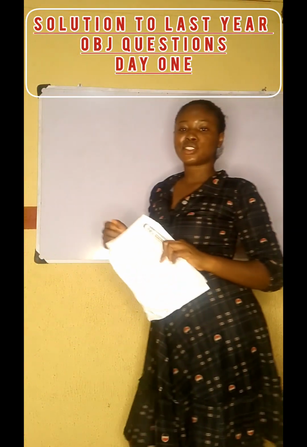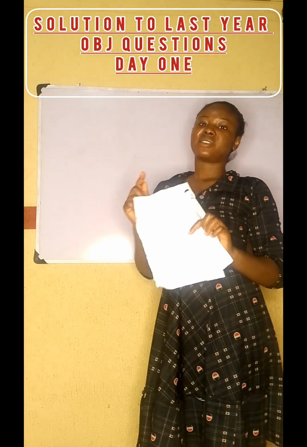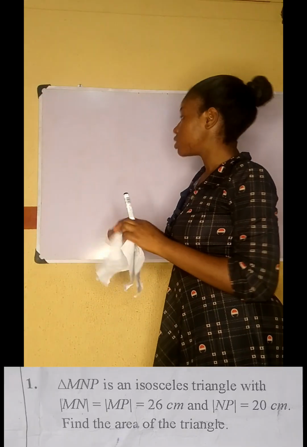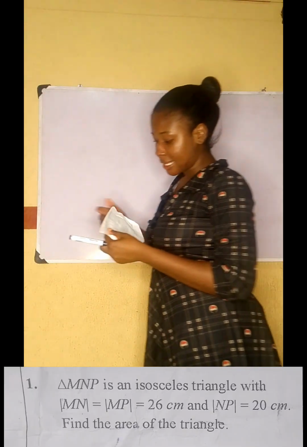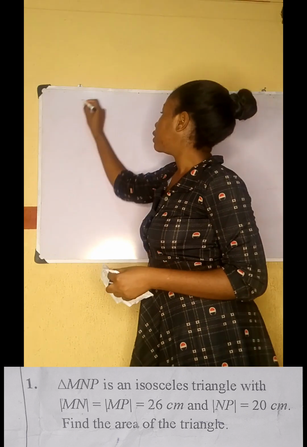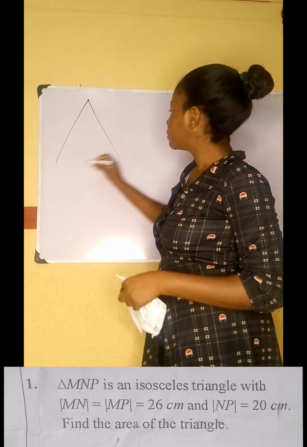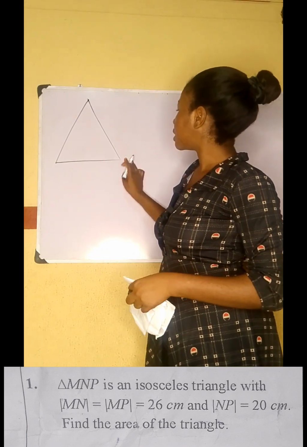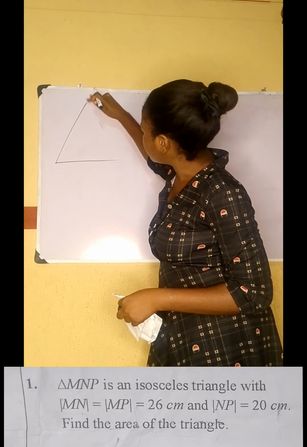So we are starting this series with the first question in our OBJ questions. Now this question is telling us that we have an isosceles triangle. So let me draw it this way.